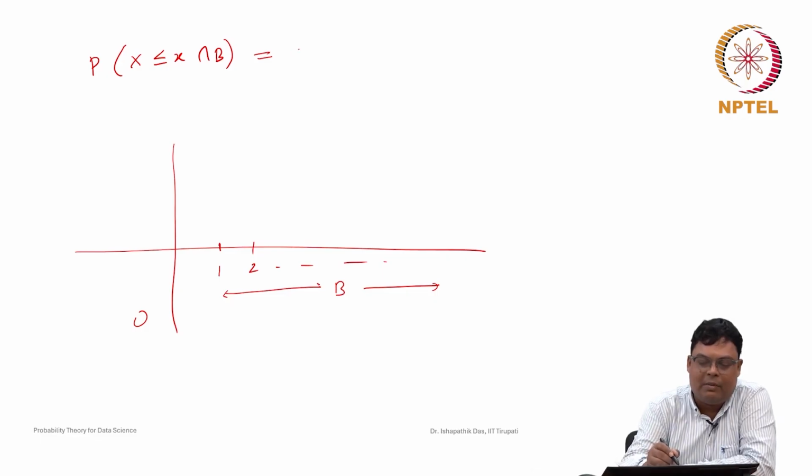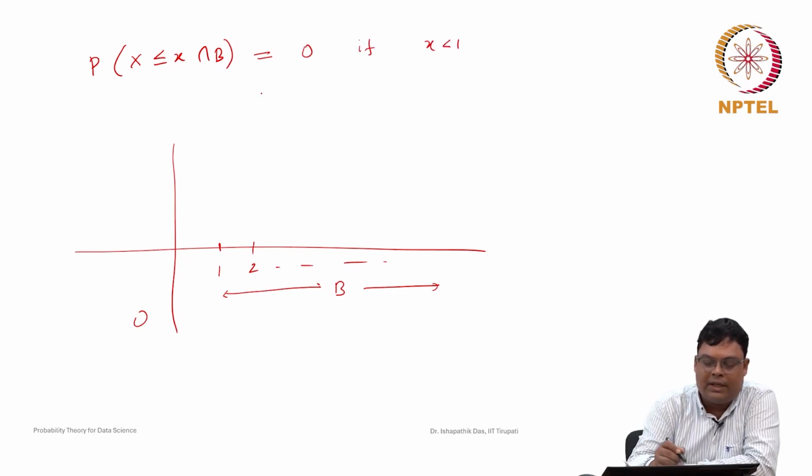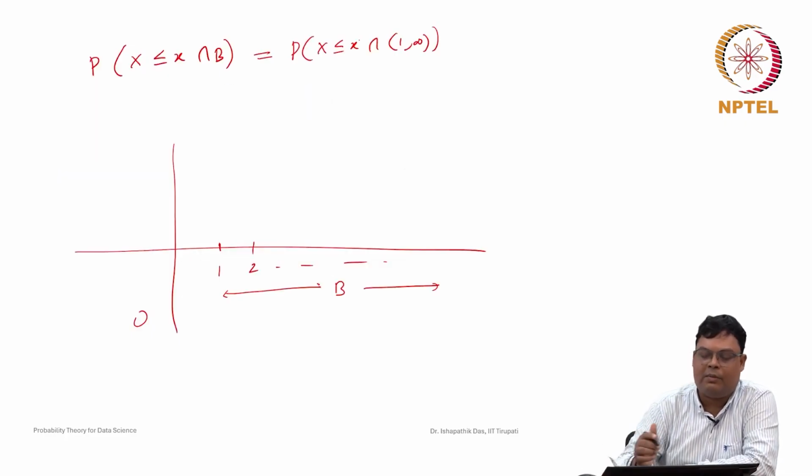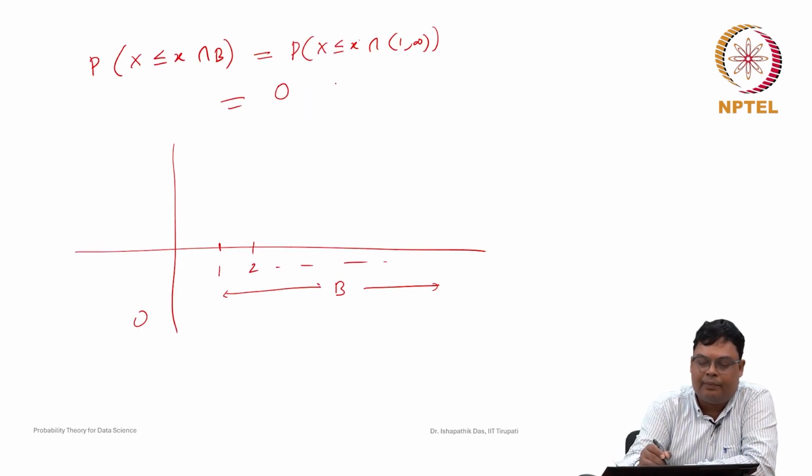So this will be equal to 0 if x is less than or equal to 1, because then the intersection is the null set phi.